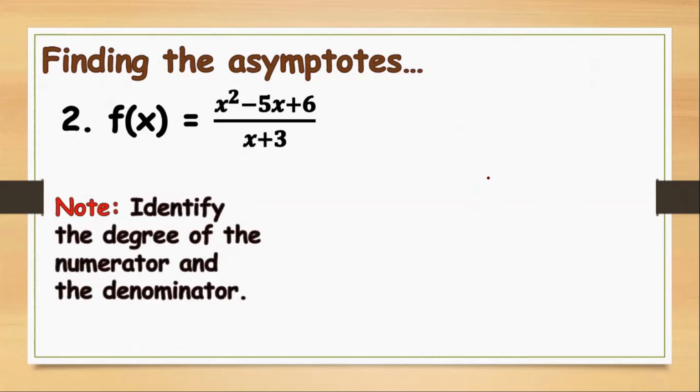Let's continue by finding the horizontal asymptote. Take note that the degree of our numerator is equal to 2, and the degree of the denominator is equal to 1, because that is understood as x raised to 1. In this case, the degree of the numerator is greater than the degree of the denominator, and so it has no horizontal asymptote.